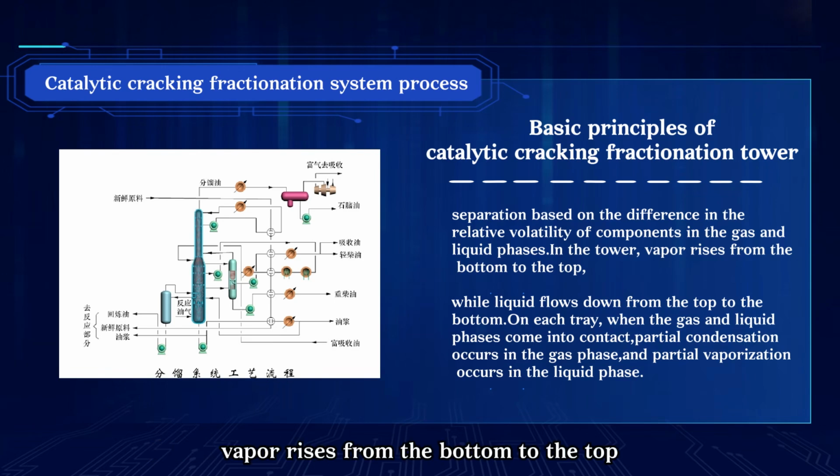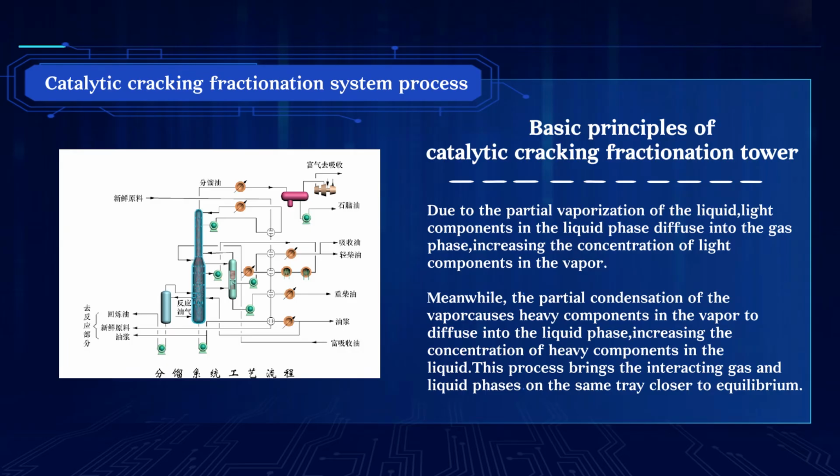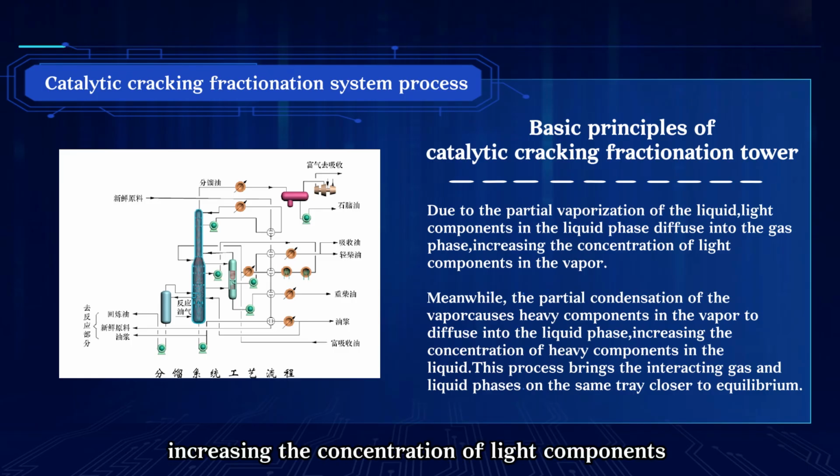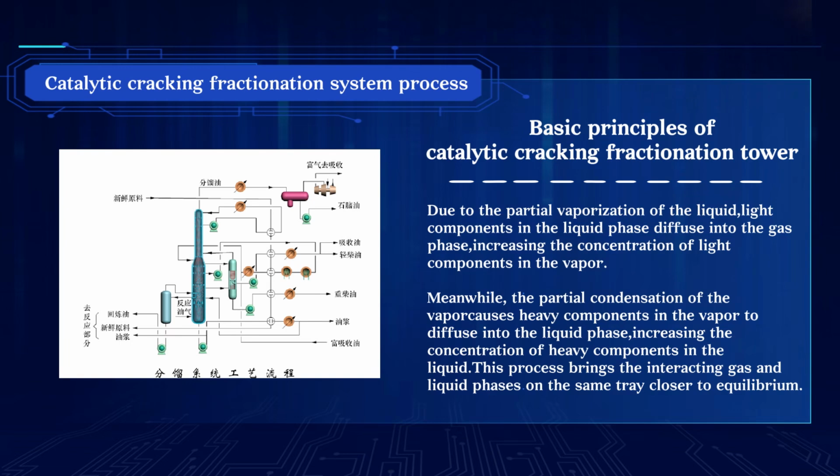In the tower, vapor rises from the bottom to the top, while liquid flows down from the top to the bottom. On each tray, when the gas and liquid phases come into contact, partial condensation occurs in the gas phase, and partial vaporization occurs in the liquid phase. Due to the partial vaporization of the liquid, light components in the liquid phase diffuse into the gas phase, increasing the concentration of light components in the vapor.